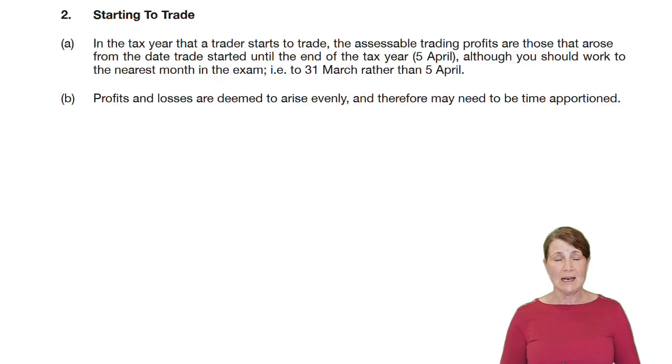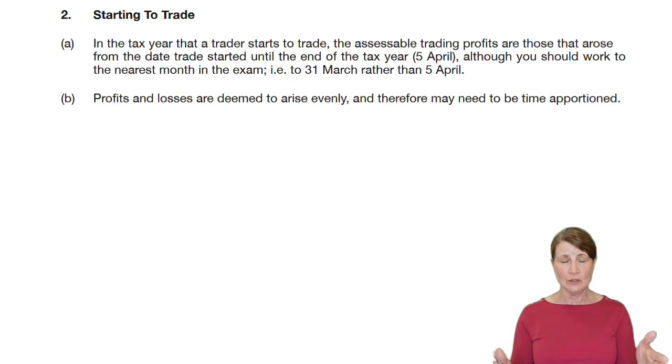Profits and losses are deemed to accrue evenly. So therefore, if you've started to trade on the 1st of January and you've made up your accounts to the 31st of December, for the first tax year of trade, we want the profits from the 1st of January to the 31st of March, strictly speaking, the 5th of April. And that's 3 months.